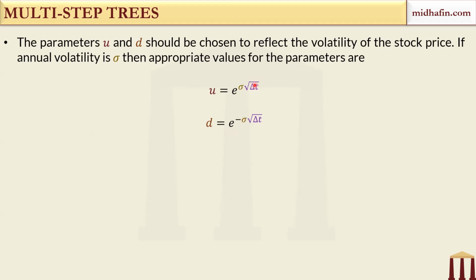Okay, plain and simple calculation, where delta t is measured in years, which is again the length of each step. Now, if you look at these two equations carefully, you will clearly see that U and D are related, right? You can see that D is nothing but 1 over U. It's very clearly visible over here. Okay. So let's just go to a question.